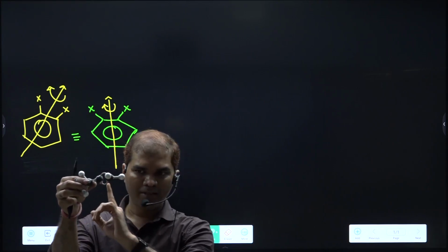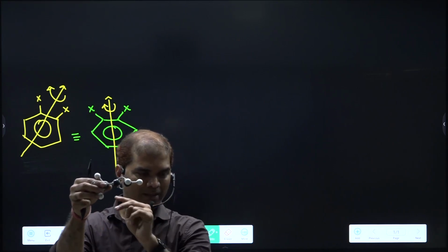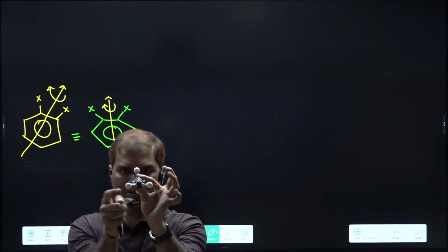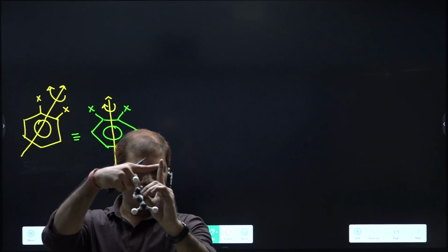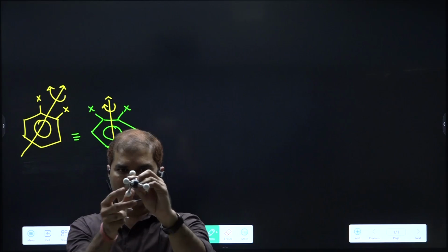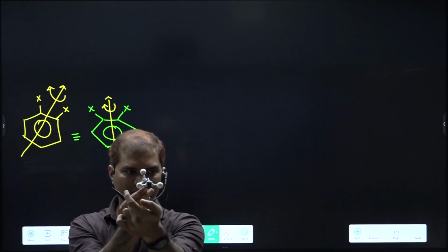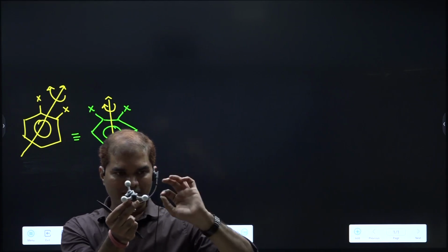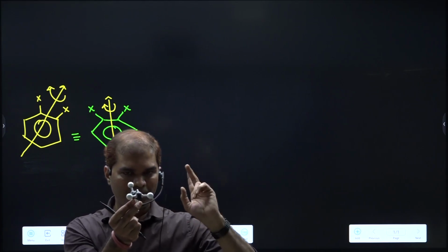For cumulene, 2 CH2 units were parallel. But for this, how are the 2 CH2 units? This is one CH2 unit, this is another CH2 unit. They are perpendicular. We call it staggered. For symmetry point of view, I am calling it as staggered unit. For cumulene, you got an eclipsed type.